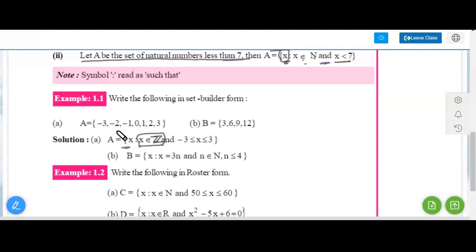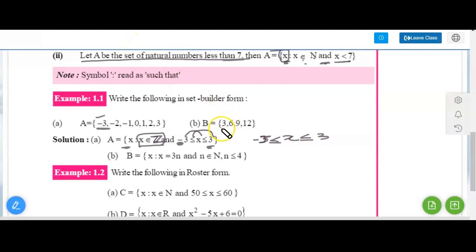Z stands for integers, where positive and negative numbers are used, and it starts from -3 and ends at 3. So your x is somewhere in between -3 and +3.